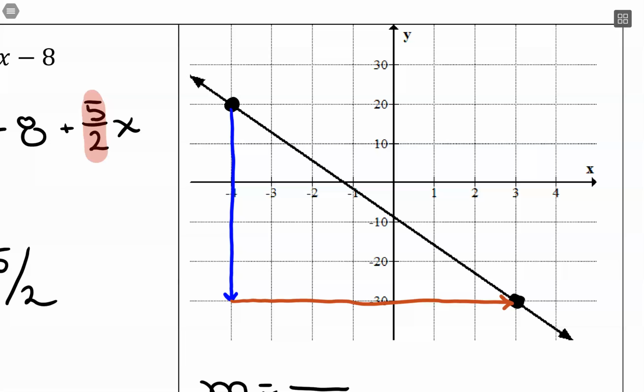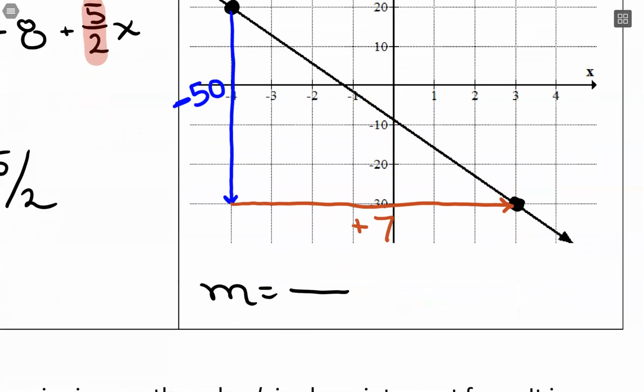So in blue here, I'm moving downward, so that's a negative direction. And then for our units, we're going 10, 20, 30, 40, 50. So we moved down 50 units. And then horizontally, we moved to the right, so that's considered positive, and we went 1, 2, 3, 4, 5, 6, 7 spots.